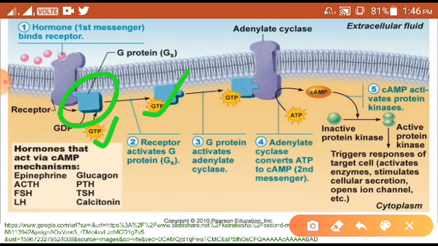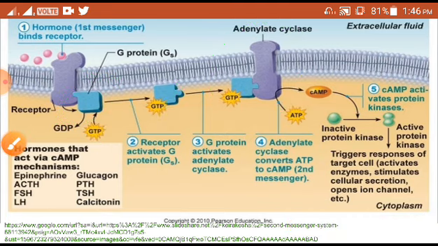Now this activated G protein will go and bind with another enzyme here, right? These enzymes are always catalyzing the reaction or the process. So here also the enzyme will do the same, and the enzyme here is adenylyl cyclase.